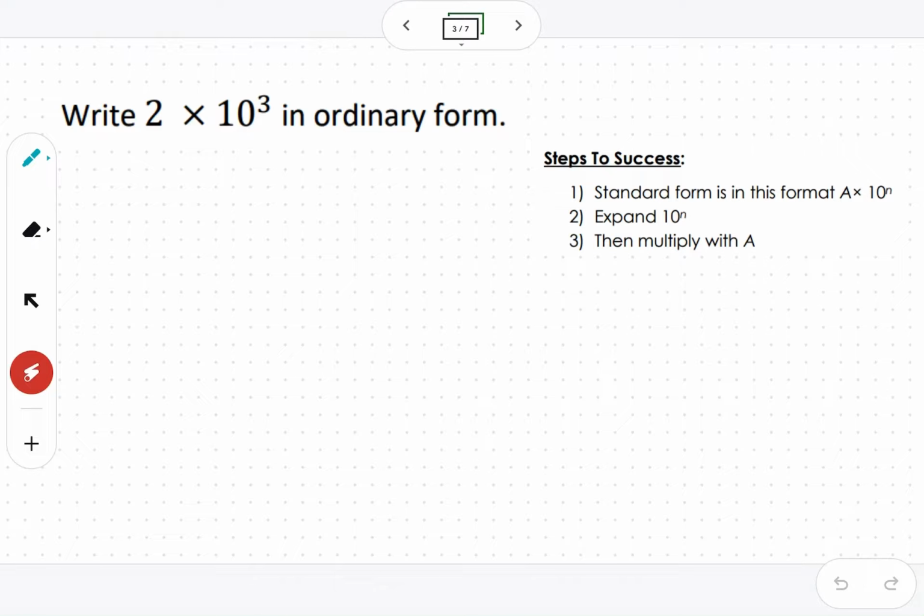Let's look at the first example. Write 2 times 10 power 3, or 10 cube, in ordinary form. Step number 1, step number 2, expand, step number 3, multiply. 2 times 10 cube, you expand the 10 cube, so 2 times 10 times 10 times 10.